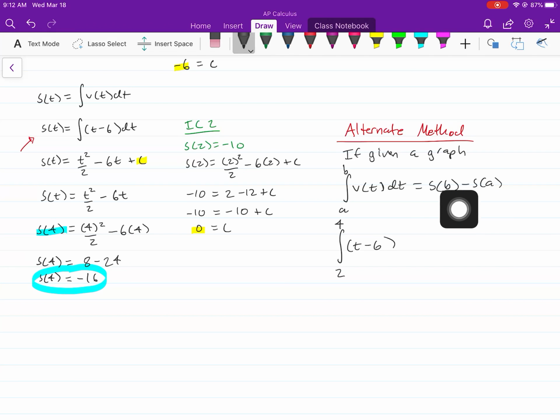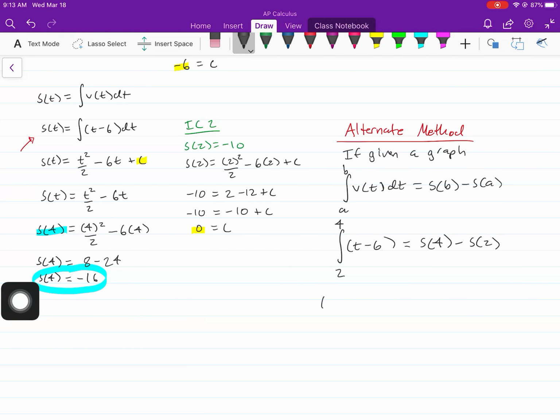I wouldn't use any other numbers because it's going to fit right into this formula, because that's going to equal s of 4, which is what we need to find, minus s of 2, which is what we're given. That's why we're going to use 2 and 4, because we're trying to find s of 4, and we're given s of 2.